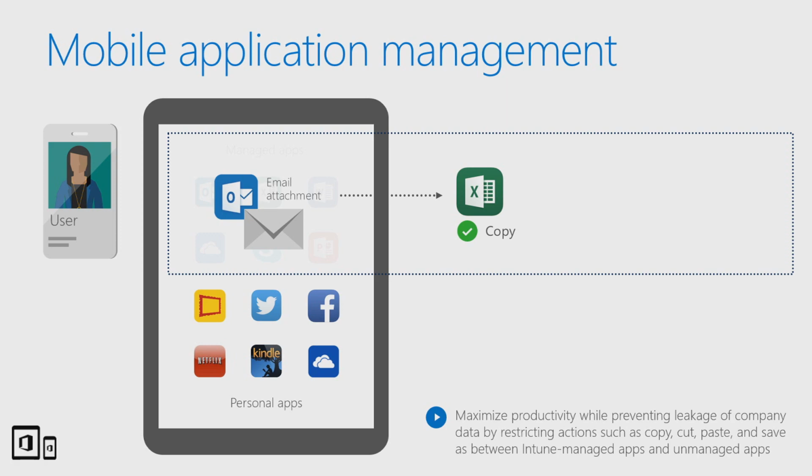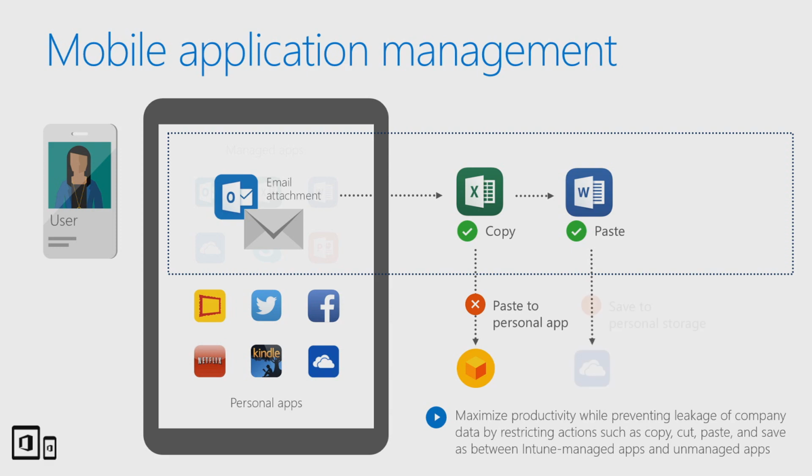For example, when the user tries to copy a work email to a personal application such as WhatsApp, it will not be allowed. Additionally, you can restrict the users from copying corporate resources to their personal storage, such as local storage, and the data can only be saved into their OneDrive for Business.